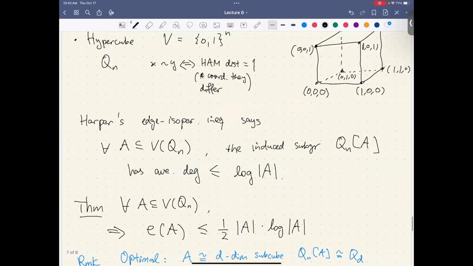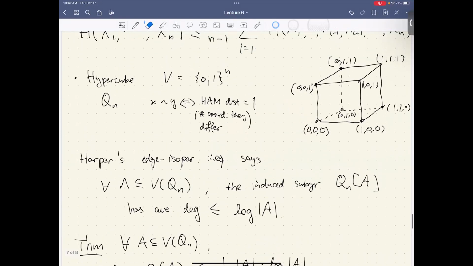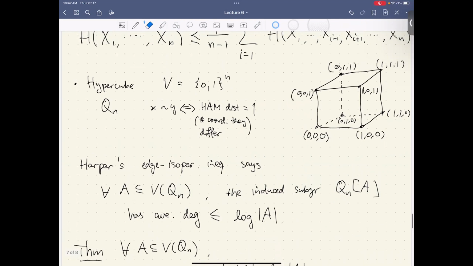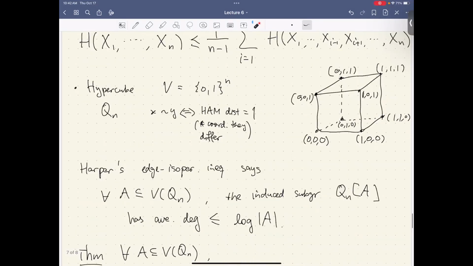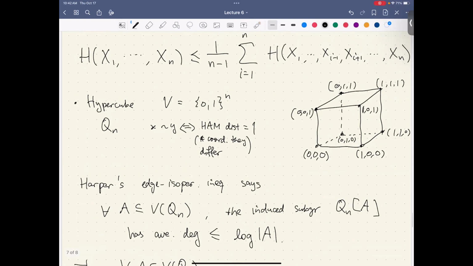So for example, if this is our A, then the third direction edges in A are these two edges. Maybe I will draw this picture. Give me a second. So this is A.